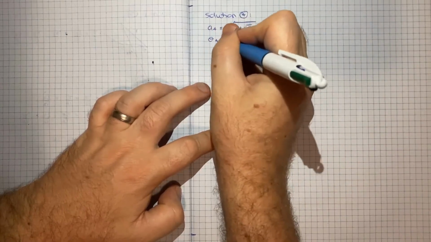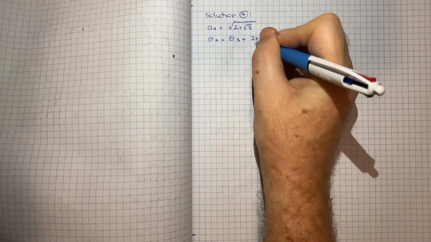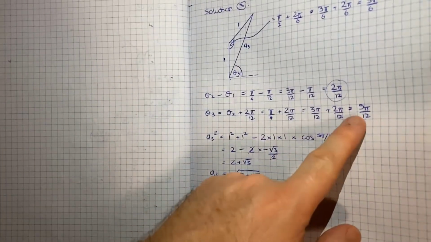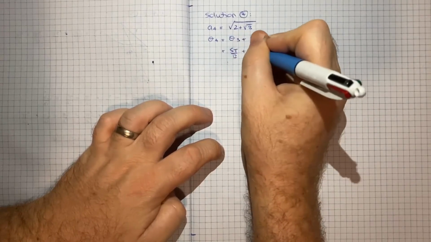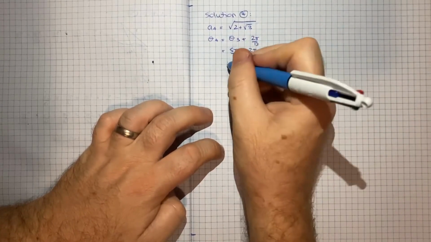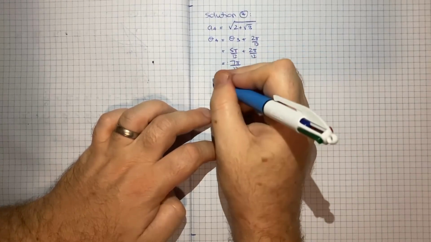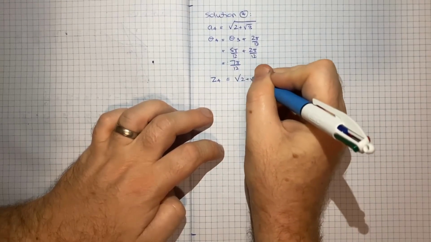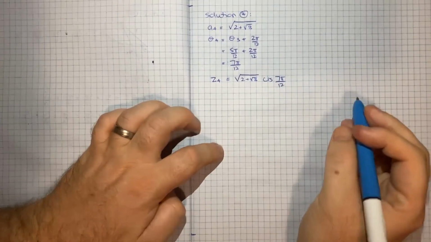Theta 4 will be equal to theta 3 plus our increment, which we worked out was 2 pi on 12. Which will be 5 pi on 12 plus 2 pi on 12, which equals 7 pi on 12. So therefore our Z4 is equal to root 2 plus root 3, cis 7 pi on 12.